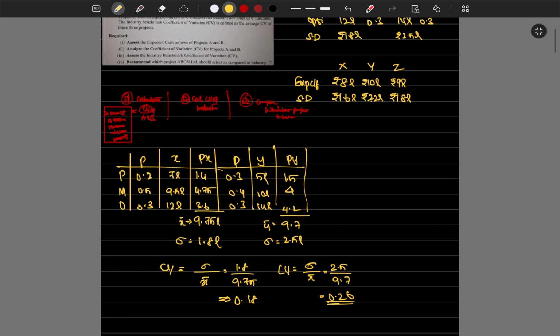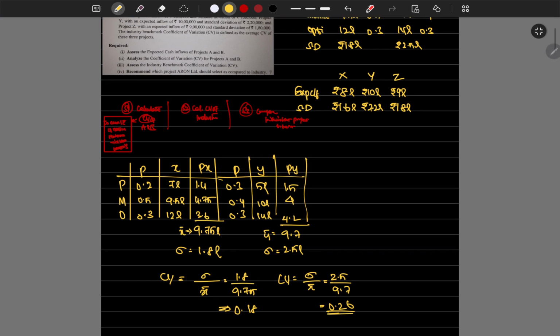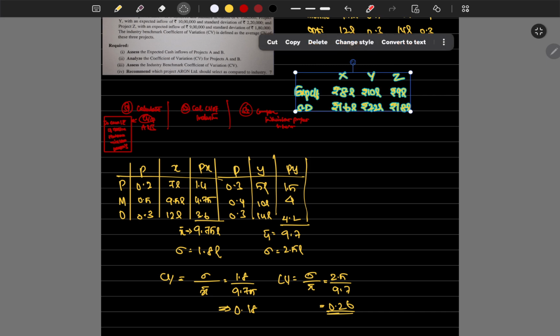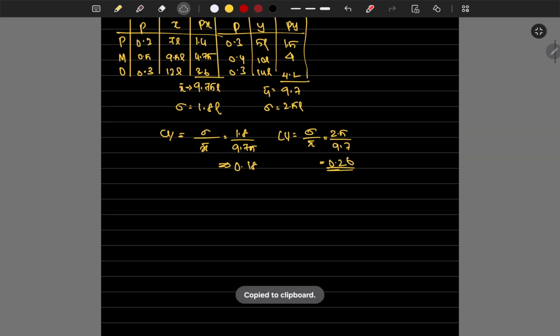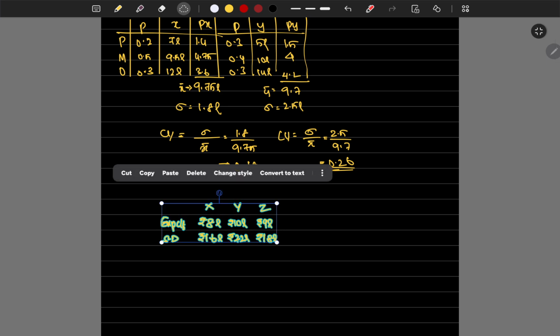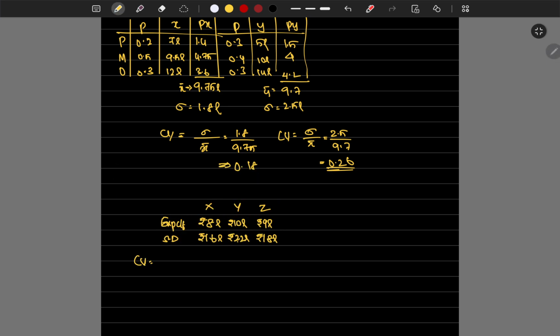Now we have to find the CV for the industry. CV is equal to sigma divided by x bar. 1.6 divided by 8 is 0.2. 2.2 divided by 10 is 0.22. 1.8 divided by 9 is 0.2.